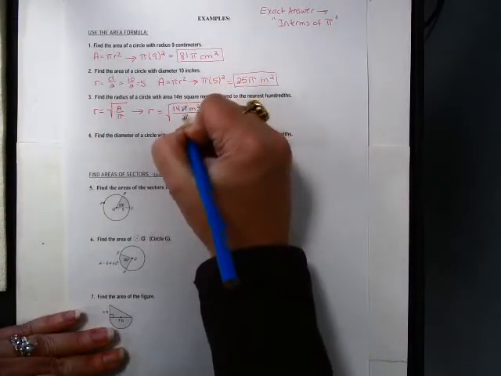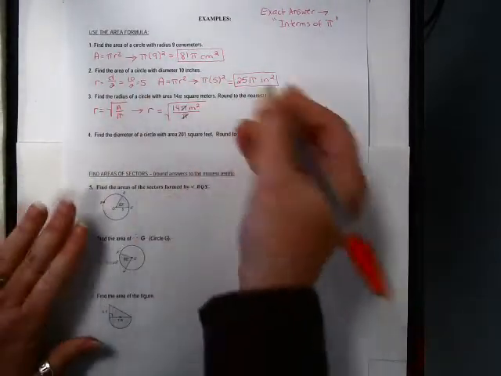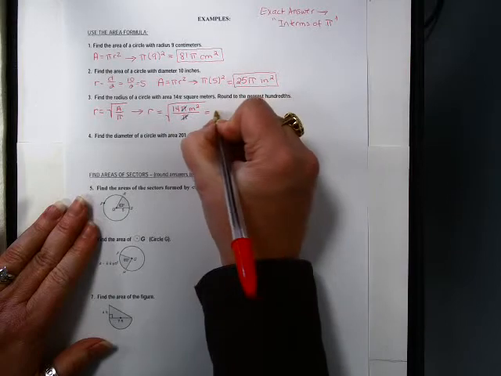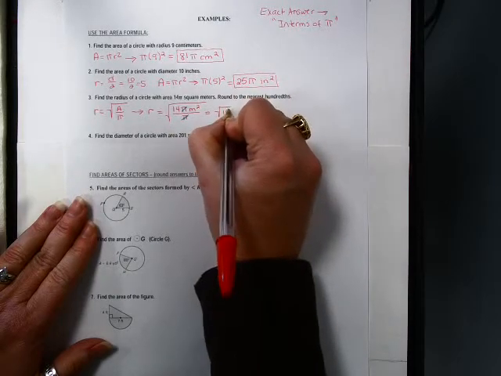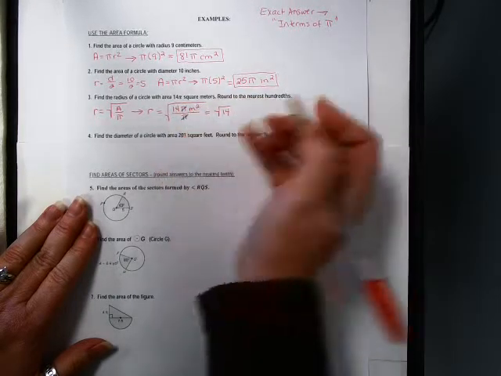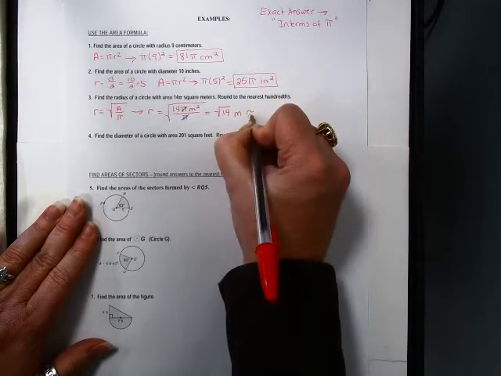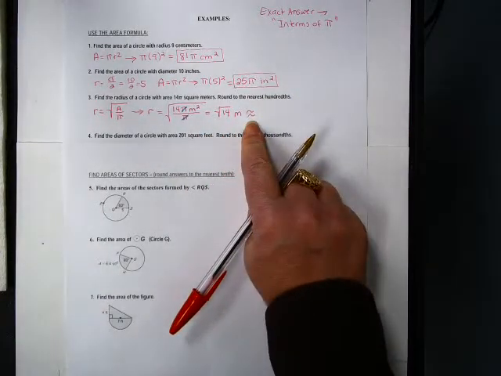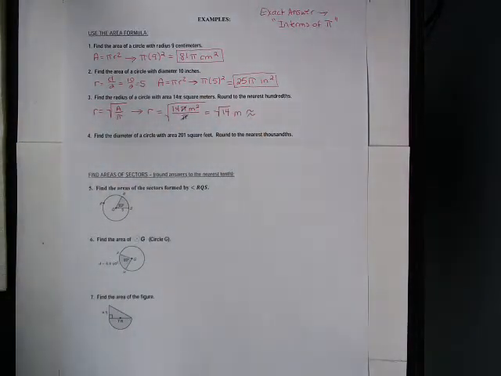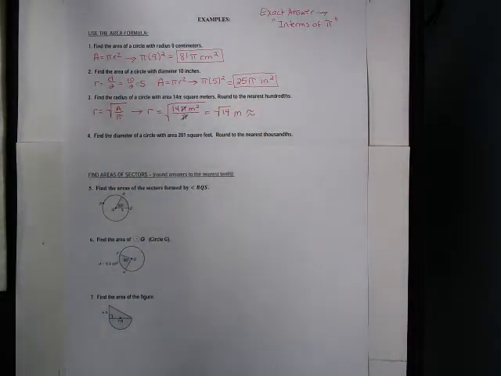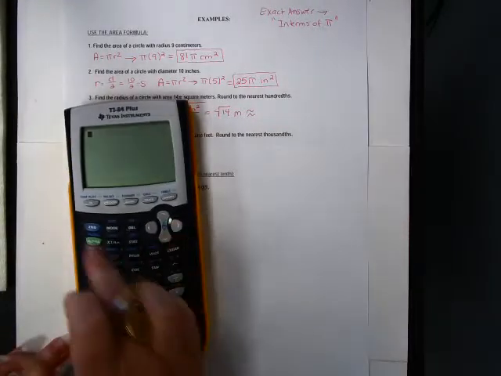And in this case, look what happens to the pi's. If you have one on top and one on bottom, they cancel each other out. So this one's going to be the square root of 14, and then the square root of meters squared, that's just meters. So now we plug it into our calculator and round. So remember, the squiggly equal sign means approximately, so you need to use that.